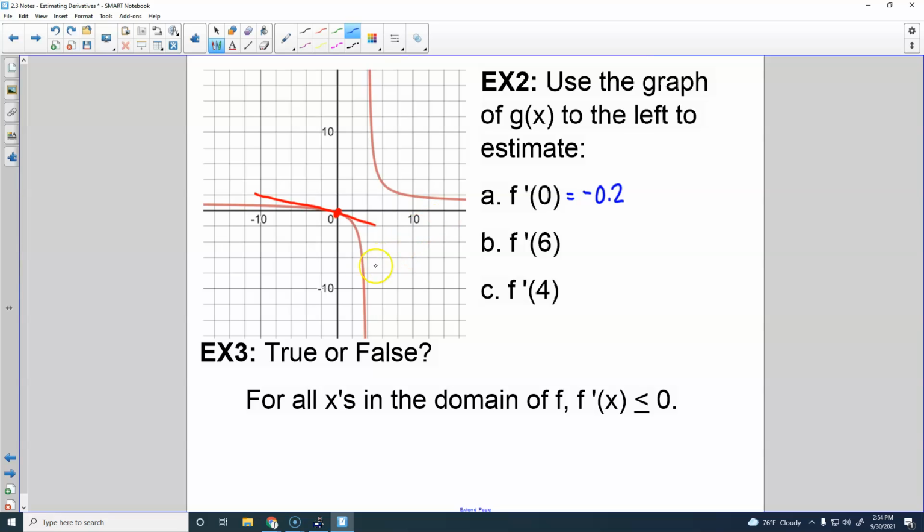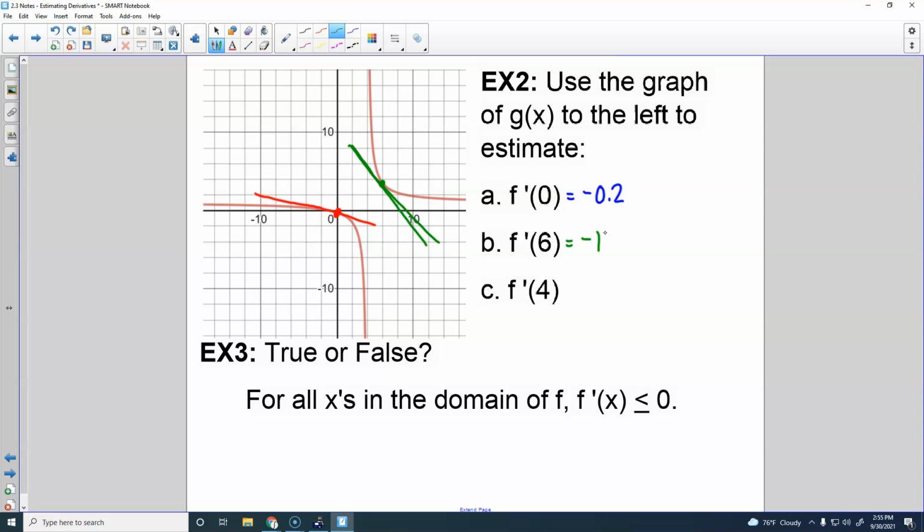So f prime of 6 is over here. Right here is 6. So what do you guys think for that one? Negative. Actually, I might should have drawn. I think that's pretty negative 1-ish right there, don't you think? I'd go with negative 1. So we're just guessing?